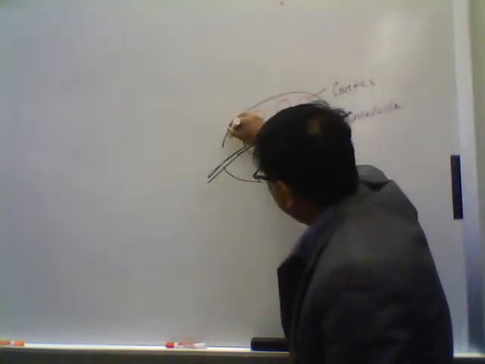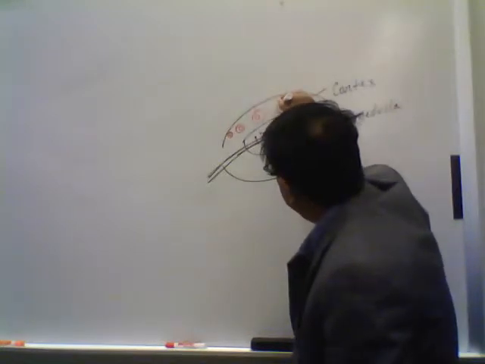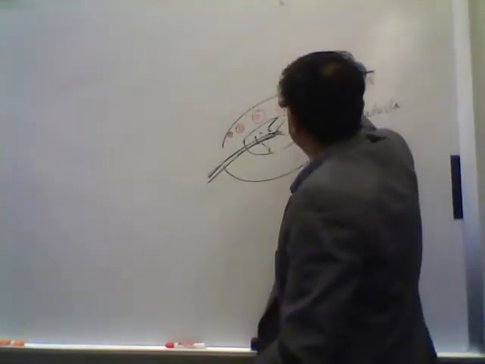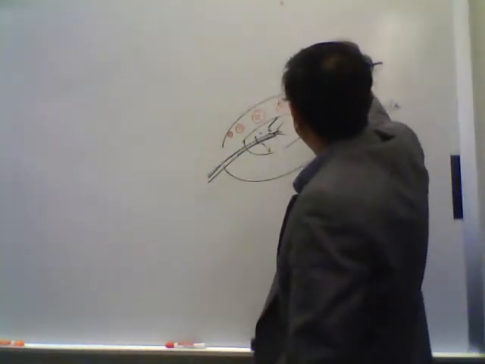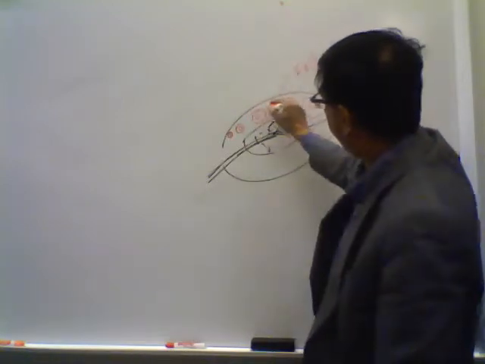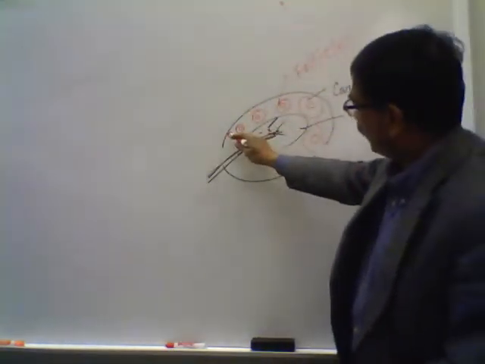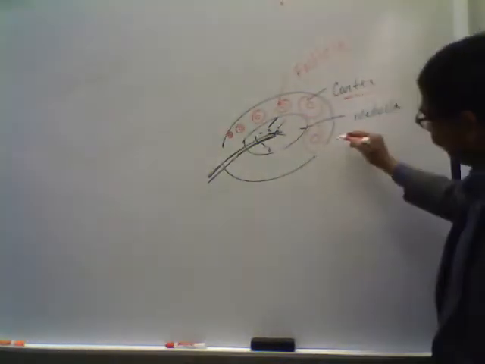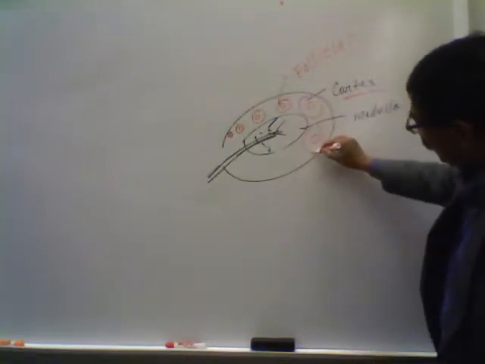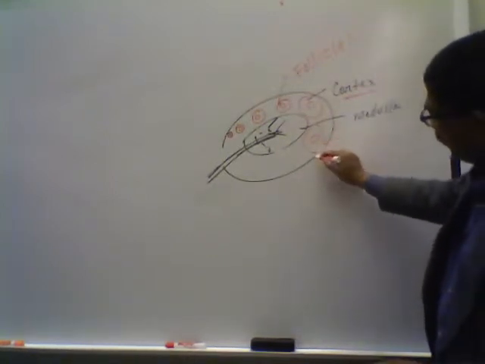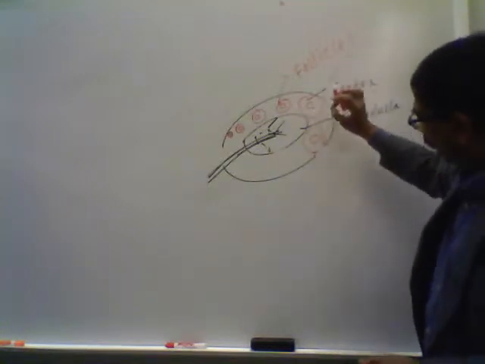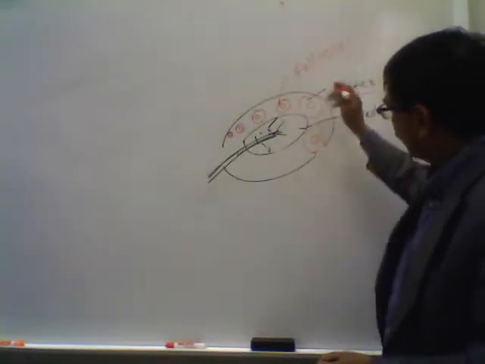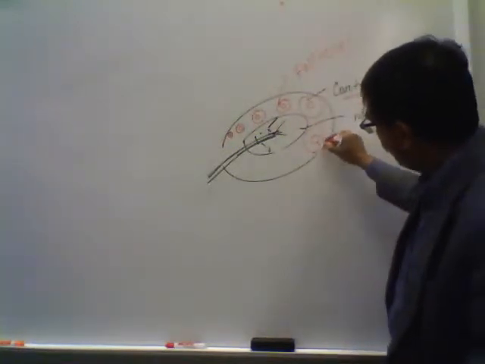So these round structures are called the follicles. The follicles grow in the cortex, outer part, and the most mature follicle, when it gets very mature, it gets soft, and at one point it will rupture and will release the ovum or egg.